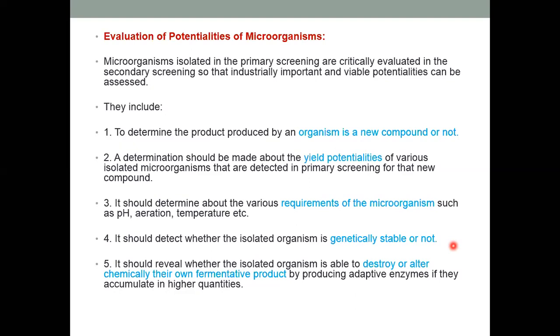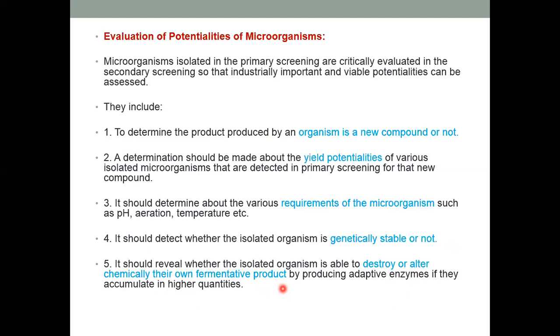Point number five is it should reveal whether the isolated microorganism is able to destroy or alter chemically its own fermentative product. Now, this is something very critical as well. It happens that whatever product it's producing, over some time, it tries to break that compound down, right?